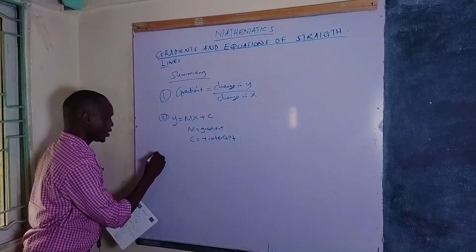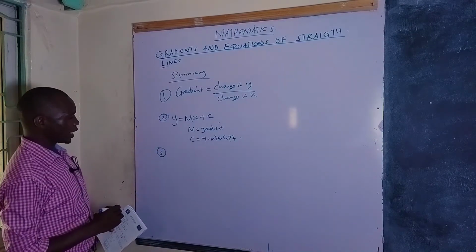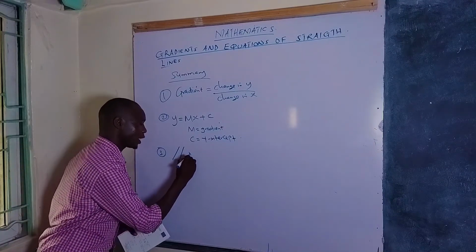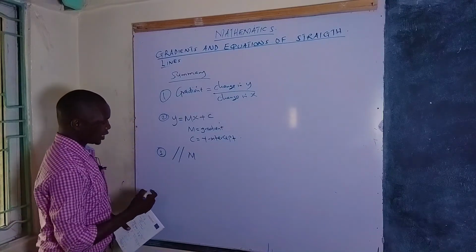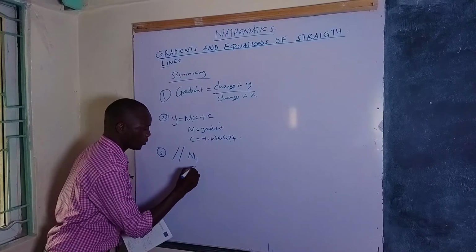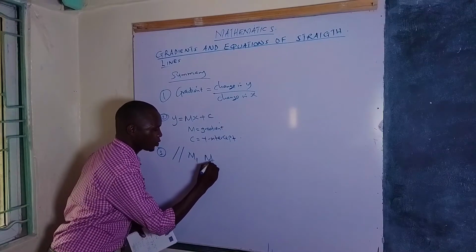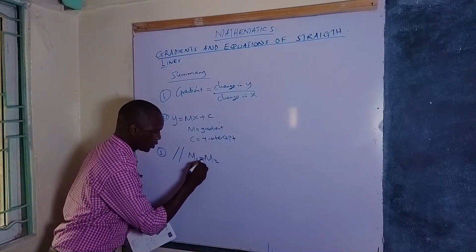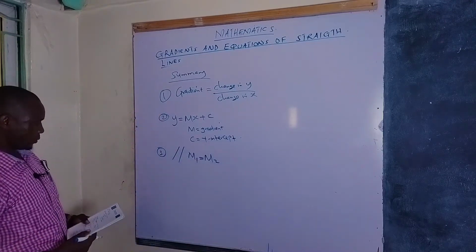Then number three, we have looked at parallel lines. If two lines are parallel, their gradients will always be the same. That is, if the gradient of line 1 is m1 and the gradient of line 2 is m2, they will have the same gradient.